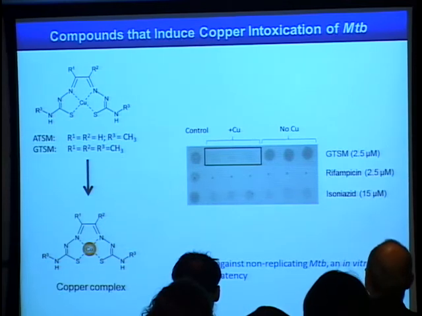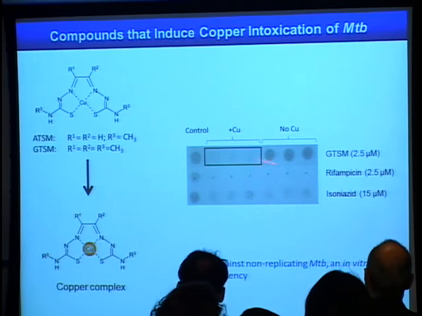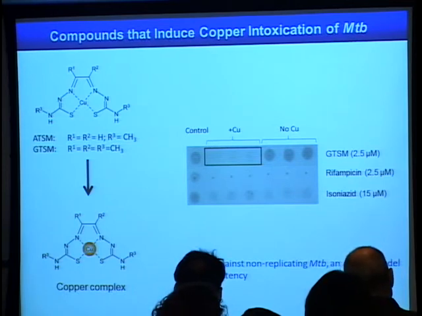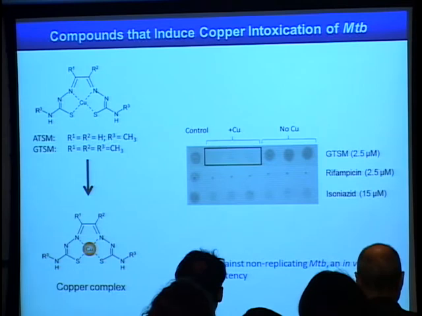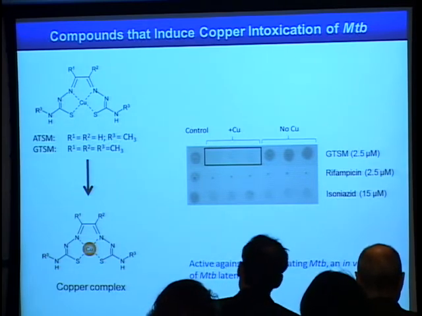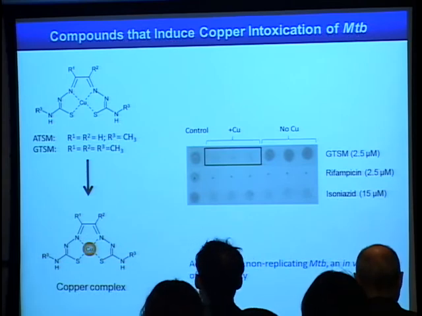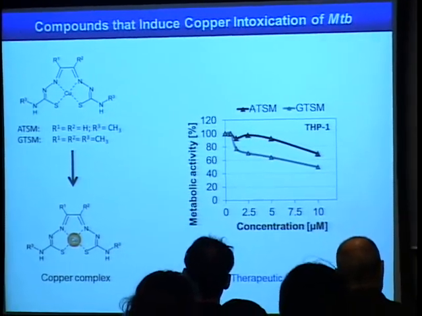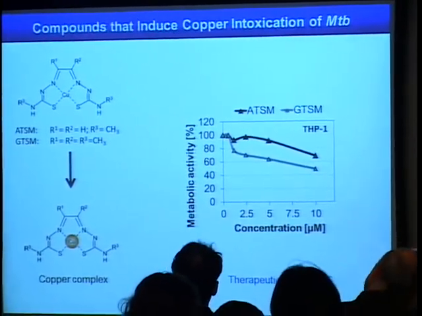Another interesting feature about GTSM is that it also works against non-replicating MTB cells, and we used a nutrient starvation model to generate those cells. This is not really the best model for latent MTB, but it can be used for high-throughput screening because we can generate these cells in large amounts. We also tested toxicity of these compounds against a monocytic cell line.